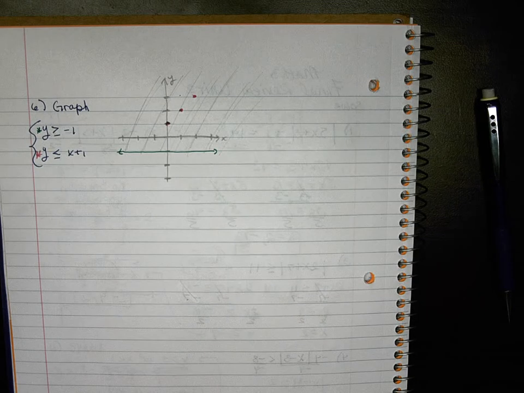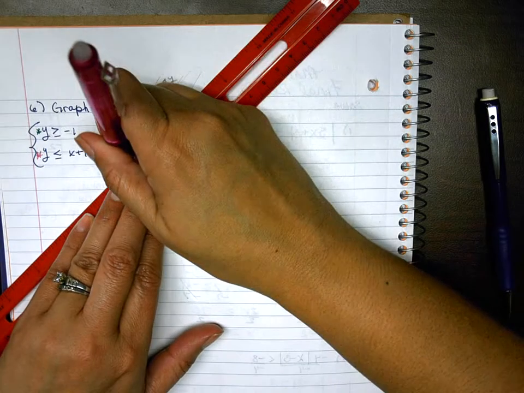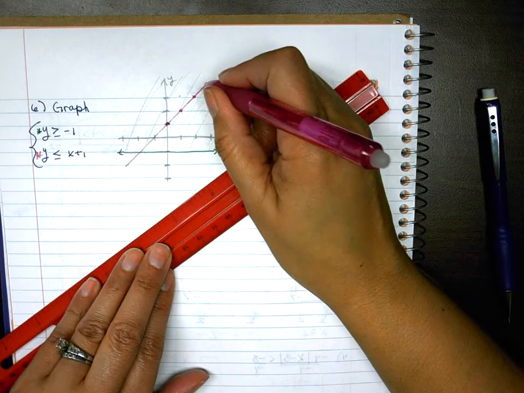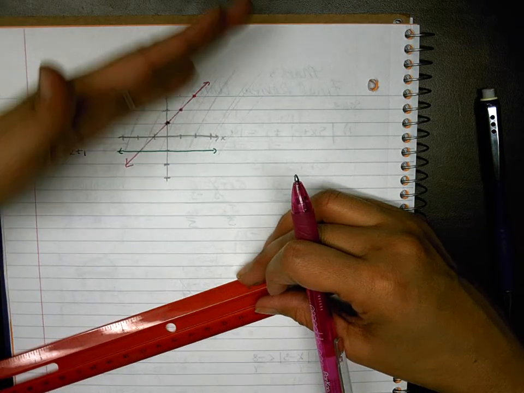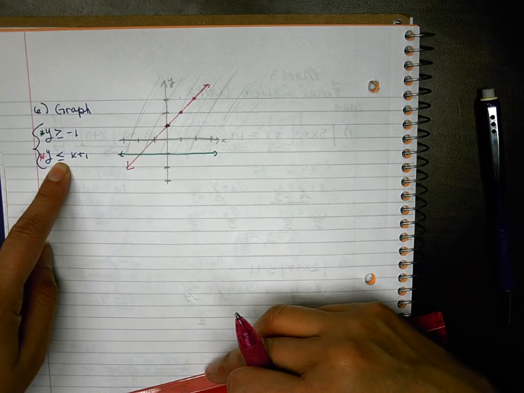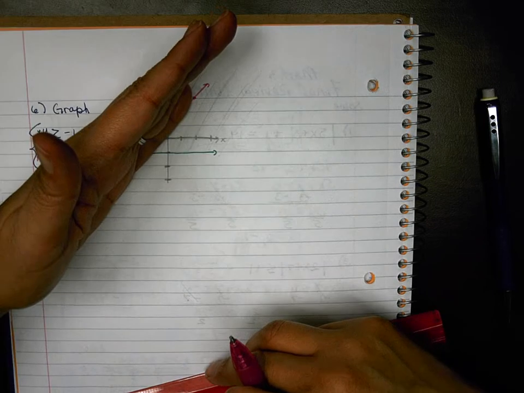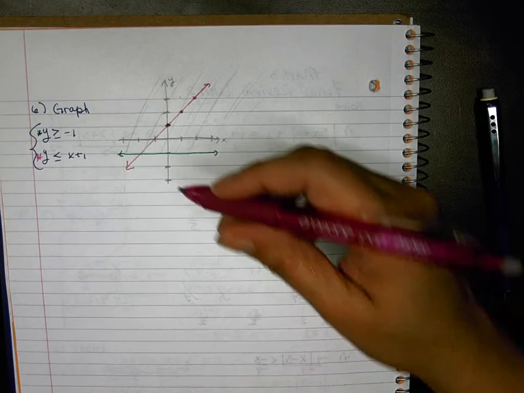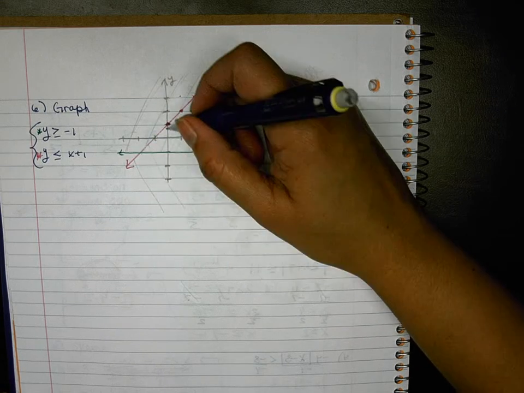And I'm going to connect. This is above. This is below. This says y is less than or equal to because it looks like an L. Would that be above or below? Below. I'm going to lightly shade that in pencil and I darken in where there is crosshatch.